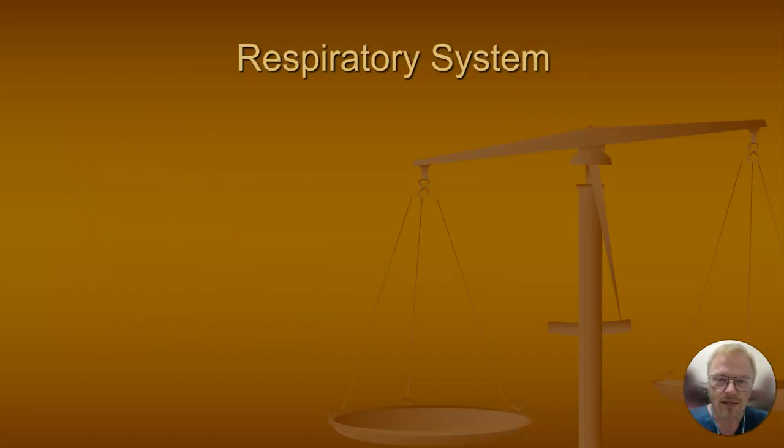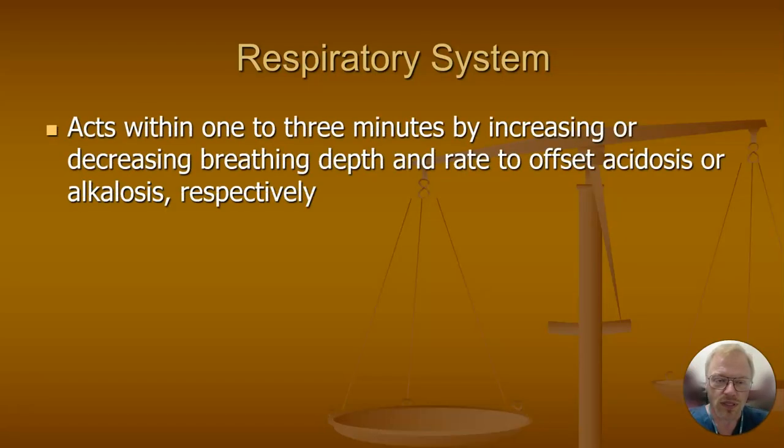The second system is the respiratory system. Now the respiratory system acts within about 1 to 3 minutes. So if the chemical buffering system is a little overwhelmed, the respiratory system is going to kick in. And it will increase or decrease your depth of breathing and your rate of breathing to offset any acidosis or alkalosis, respectively.